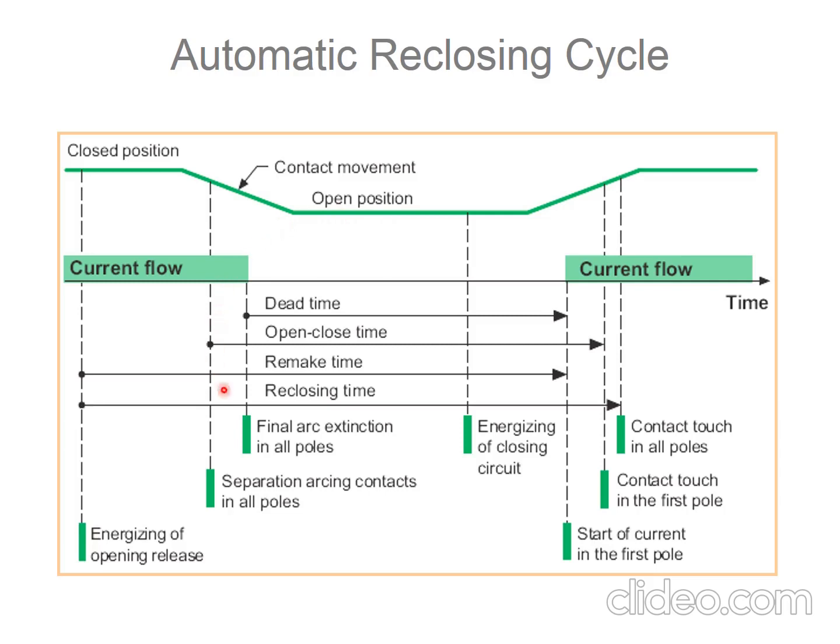This is the open position of the circuit breaker when the fault occurs, and when the fault recovers automatically, the circuit breaker will close, an automatic reclosing cycle happens here, and the current flows again.